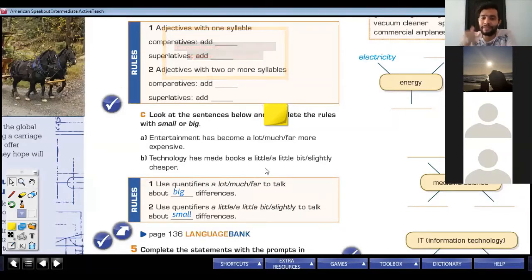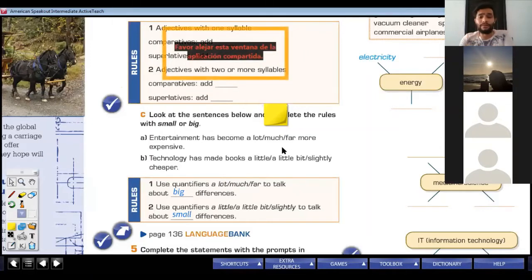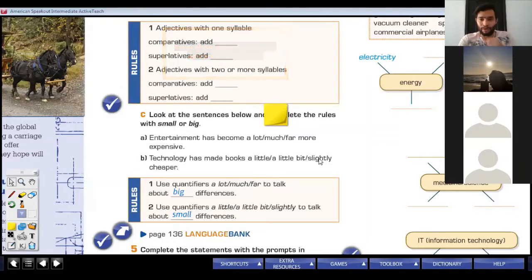Even though they are quantifiers, when they are followed by a comparative like more expensive and cheaper, those quantifiers become more like intensifiers. They make your speech or your idea or your sentence more intense, more emphatic, right?